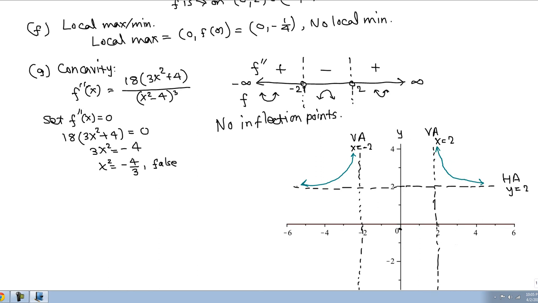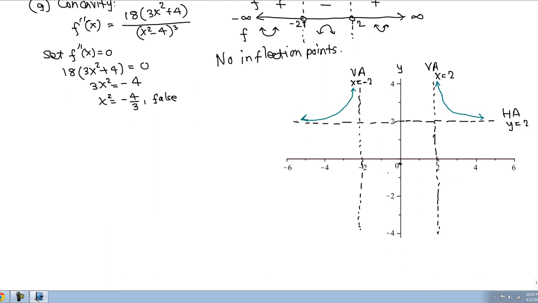In the middle, increasing, decreasing, and concave down. This is the highest point, the local maximum, and this graph has y-axis symmetry. This side and this side are mirror images.